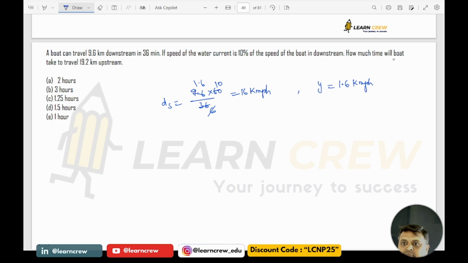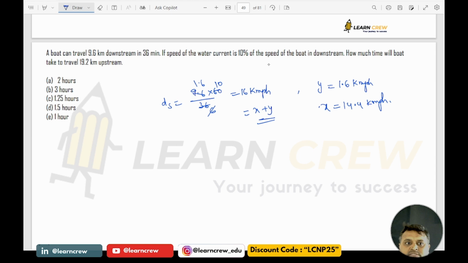How much time will the boat take to travel 19.2 km upstream? The downstream speed is x plus y, and y is 1.6, so x would be 14.4 km per hour.